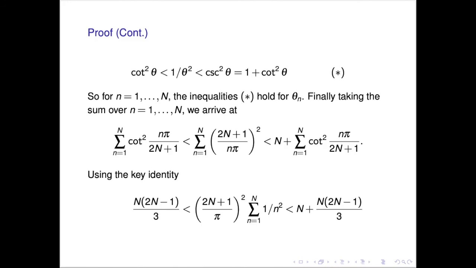Now using the identity we proved earlier, the quantity on the extreme left is capital N times (2N minus 1) upon 3. This is strictly less than (2N plus 1 upon pi) all squared times the sum of the reciprocals of the squares of the naturals as n goes from 1 to capital N, which is in turn less than capital N plus N times (2N minus 1) upon 3.